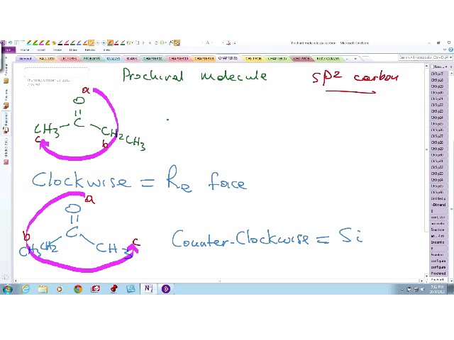Now, why do I tell you this? If you want to perform a chemical reaction on this molecule here, the product will be different depending on the face from which this molecule is attacked. So let us see here.